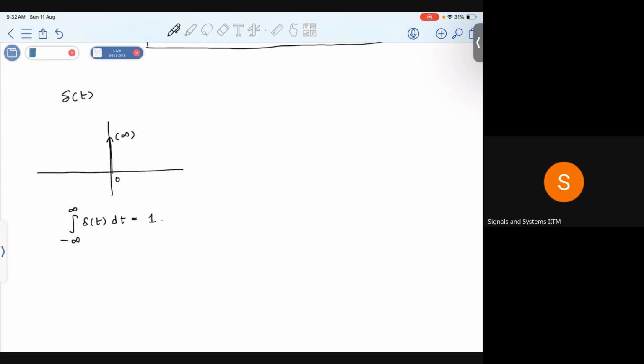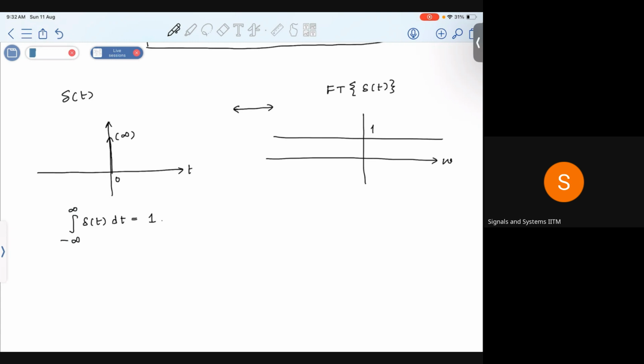But how do we visualize this function in the time domain? When you go to the frequency domain, when you find the Fourier transform of del of t, this is simply 1 in the entire frequency domain. This is simply 1.